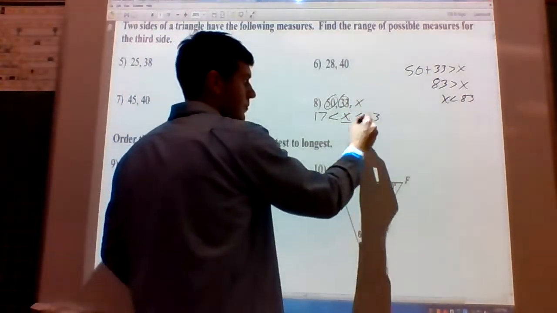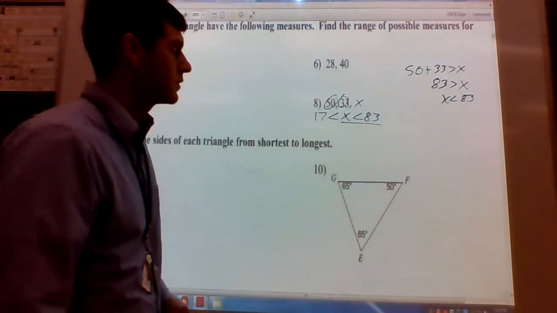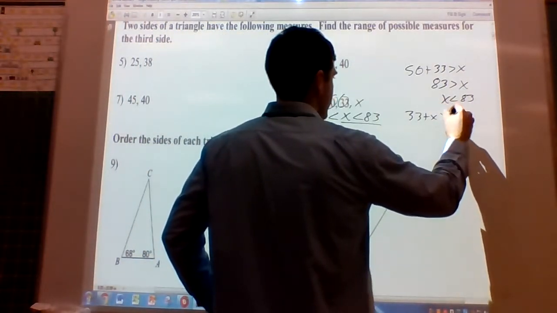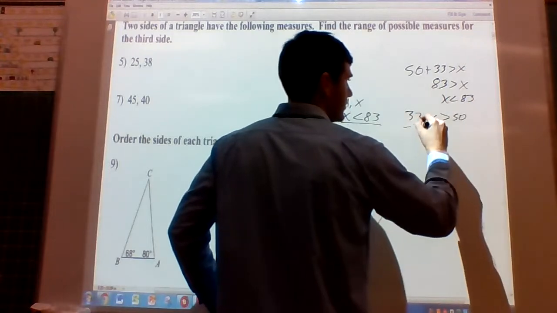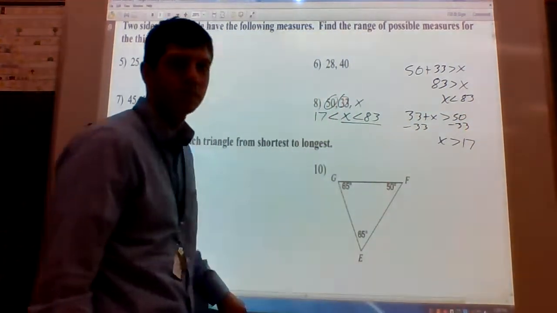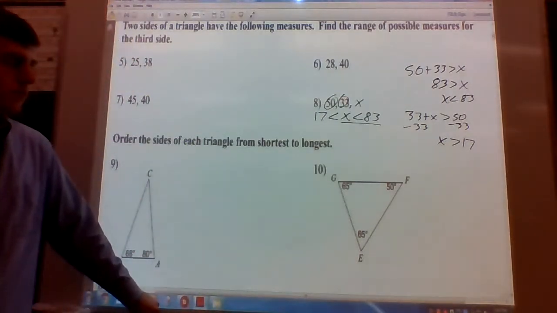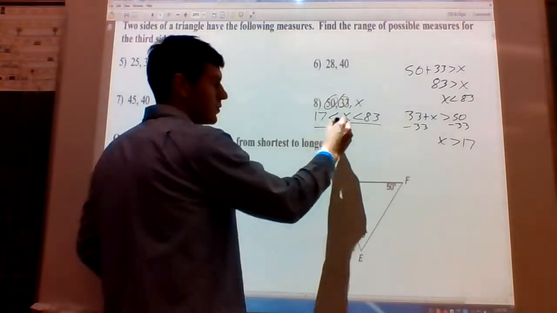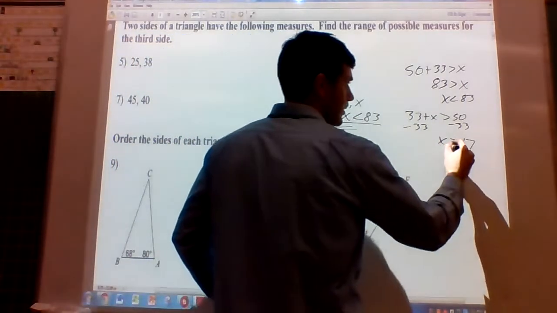That's where this is coming from. 33 plus x is greater than 50 minus 33. X is greater than 17. Okay, and again, that's where our x is greater than 17 comes from, right?